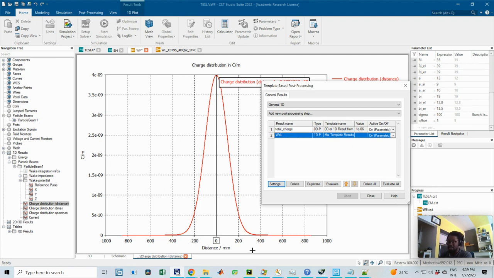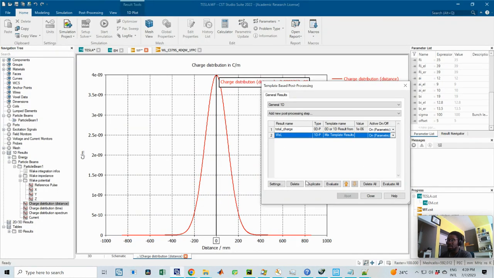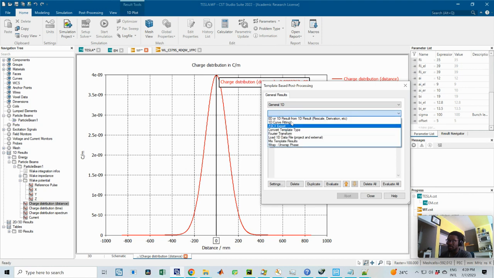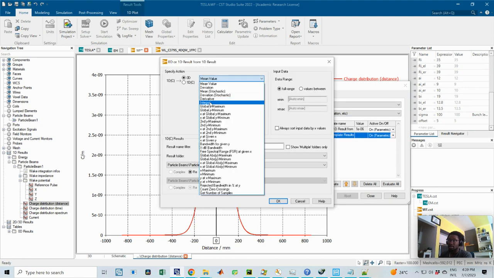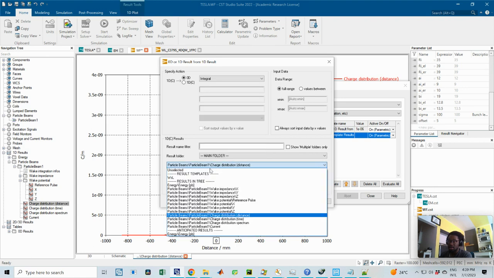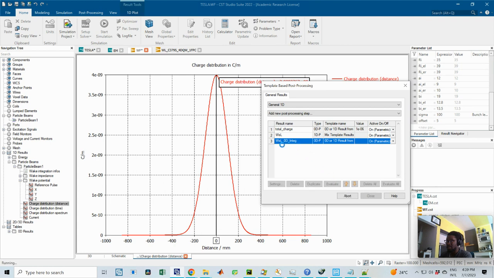So that's it. So what next? It's just the integration. So when I want to integrate this, I go to general 1D and go to 0D or 1D result, and I want to perform an integral of WSL. So when I do that and I evaluate, I should get my loss factor.